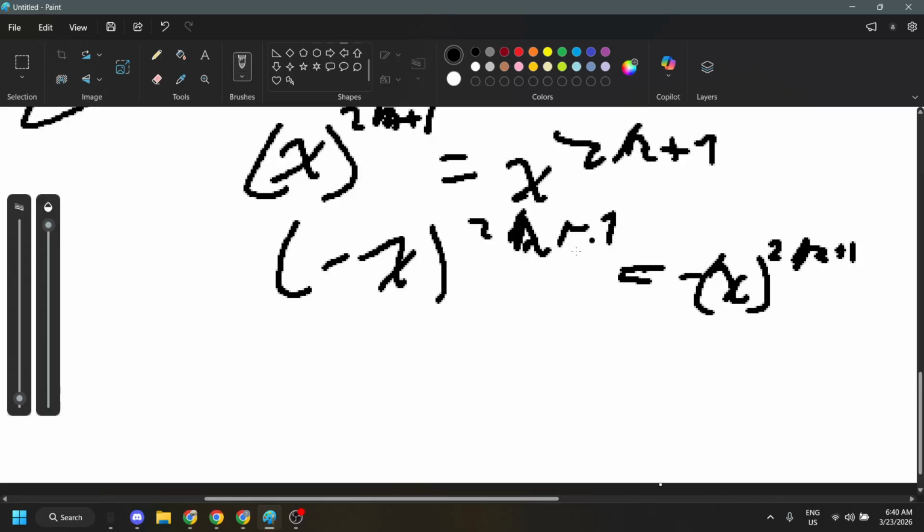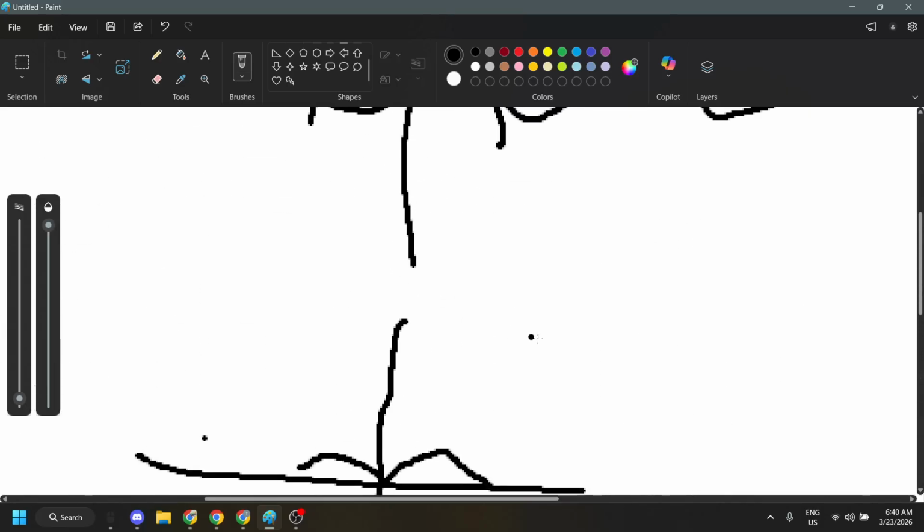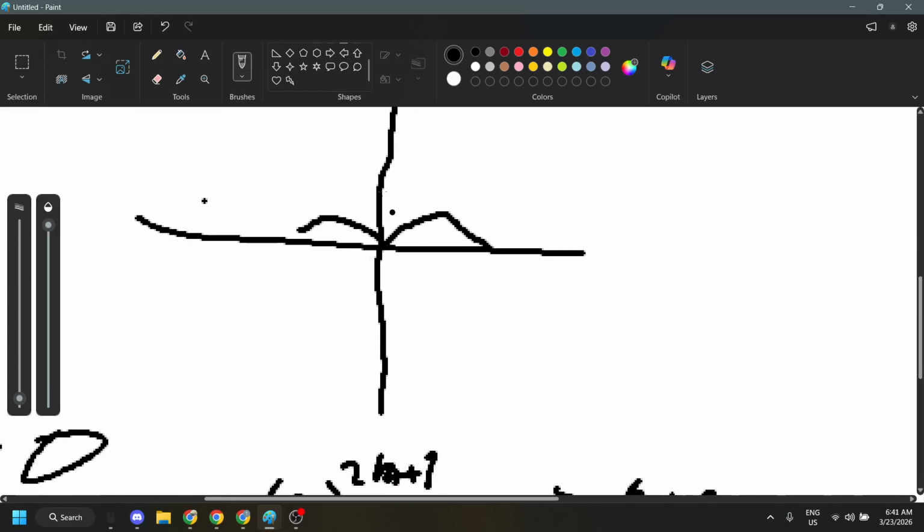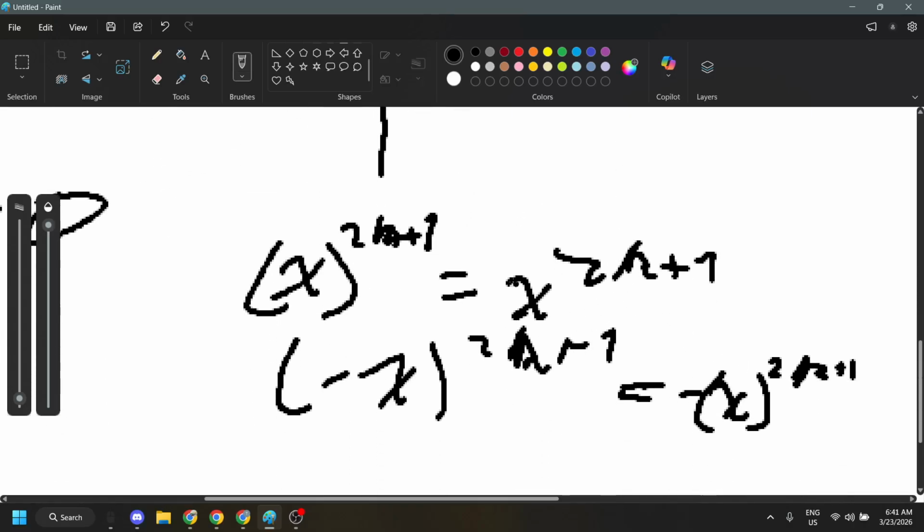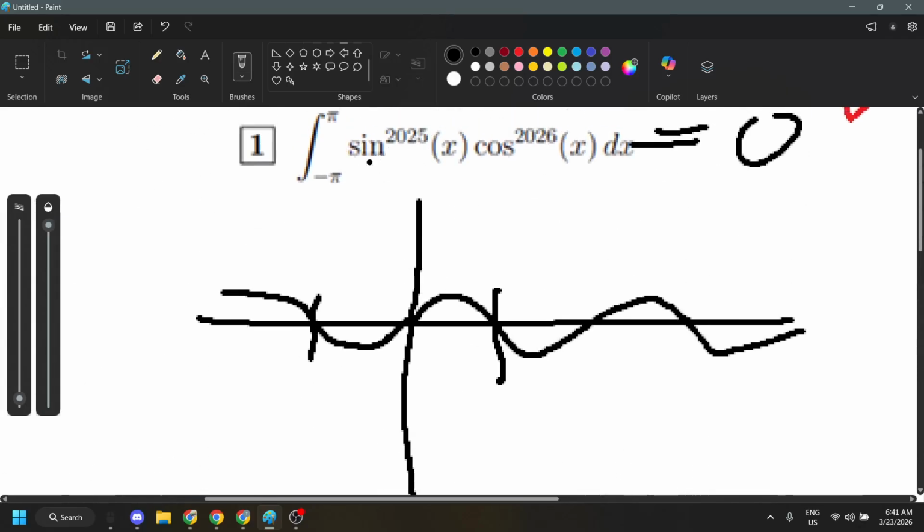We can see the negative and positive stays the same, it's just the magnitude of these numbers, and that doesn't matter. All we care about is that if you have x here and negative x here, it's going to stay like that. This could be 2x, but this would have to be negative 2x. That stays the same. We just see that the positive and negative changes. Okay, so we determine that sine is in fact odd. Sine to the 2025 is in fact odd.